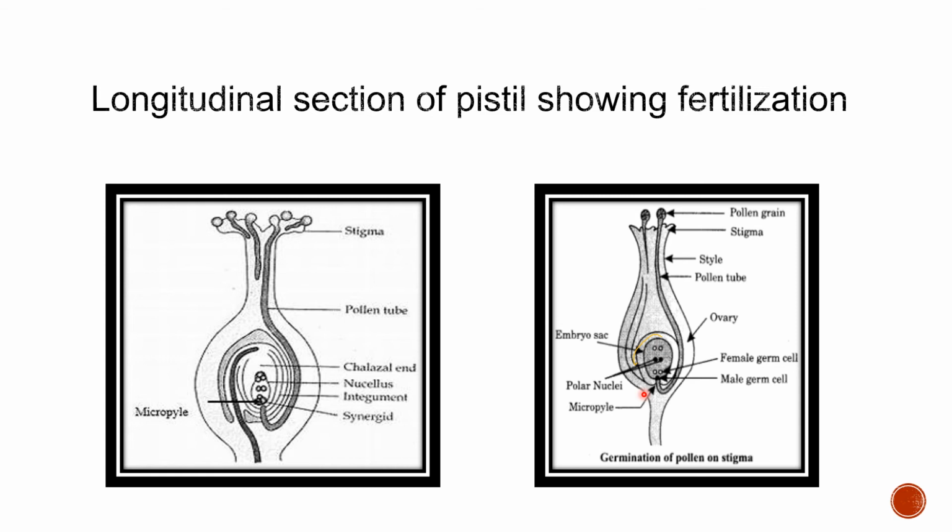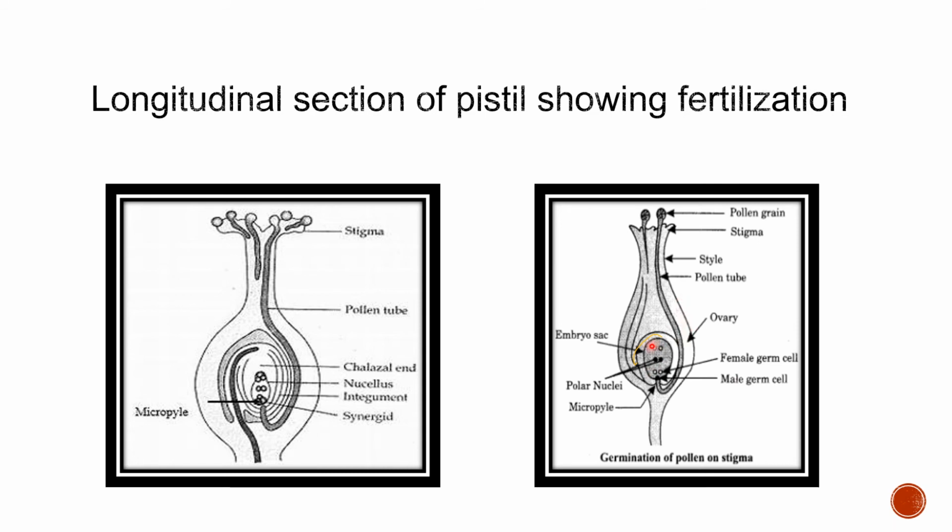Now let us do a quick revision of what we have understood till now. The pollen tube is enlarging, it is going down, it is entering through the micropylar region, it is breaking down, it is discharging two male gametes. One male gamete fuses with the female germ cell or the female gamete here. Another one remains. So what will it do?